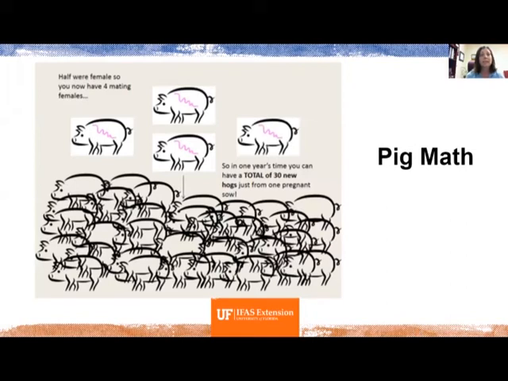Now we've got 4 mating hogs, and if they each have 6 piglets that make it to adulthood, now we've got, in 1 year's time, 30 new hogs just from that one pregnant sow. So pigs can grow their population so quickly. That's one reason why they are such a problematic invasive species.